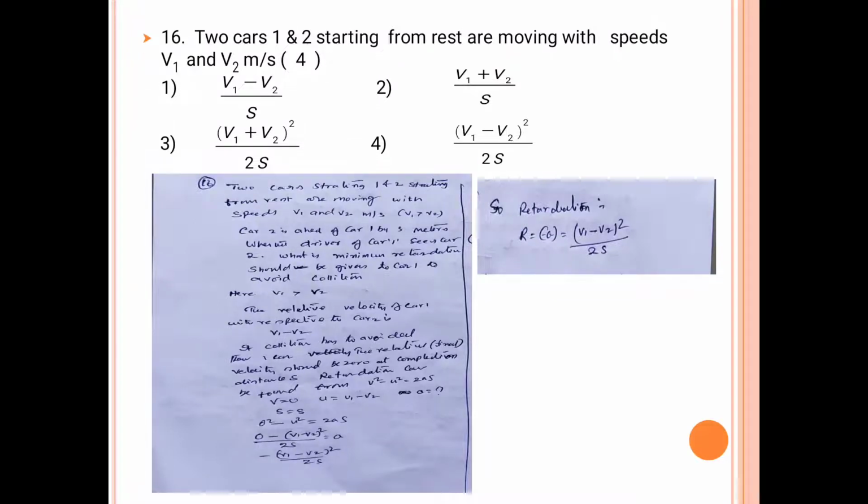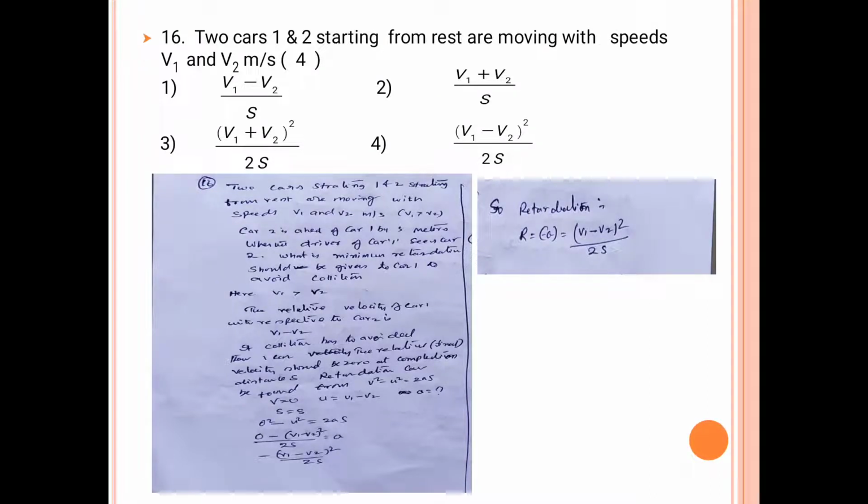So the distance is s, and we have to find a, which will be the retardation. Here initial velocity is V1 minus V2, final velocity is 0, distance is s. Substituting this in v square minus u square equals 2as, it is a simple substitution: instead of v we put 0, and instead of u we substitute the relative velocity V1 minus V2 whole square, which gives a is equal to V1 minus V2 whole square by 2s.